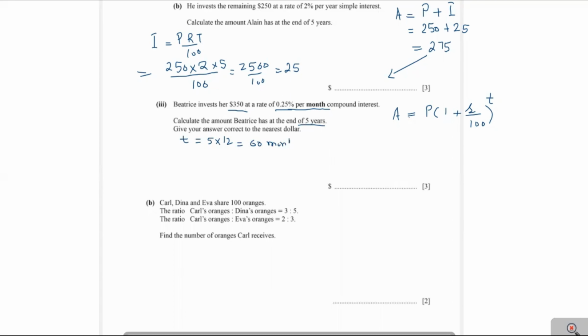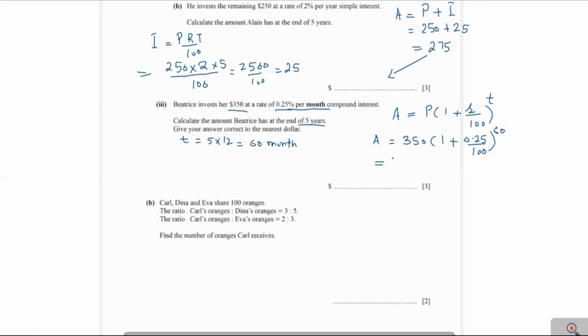Therefore, we have to find the compound interest value of 60 months. Now, you see here, the principal amount is 350 and 1 is written as it is. R is 0.25 over 100 and the power T time will be 60.